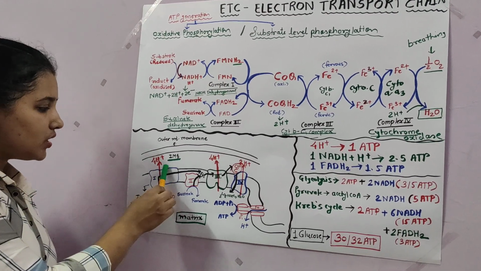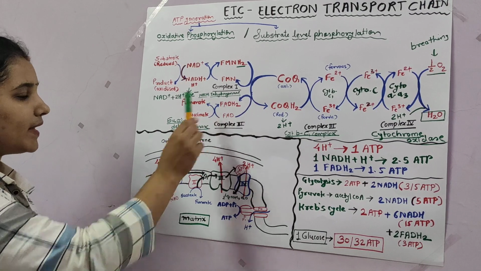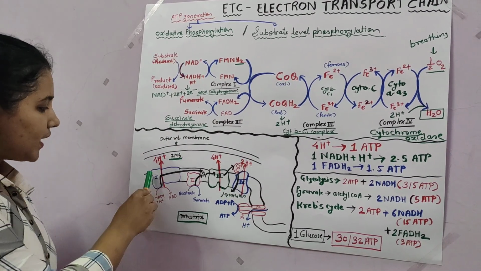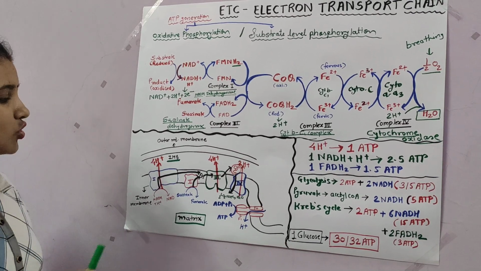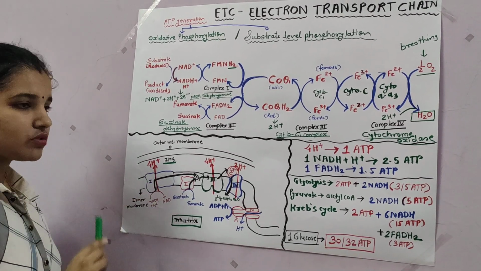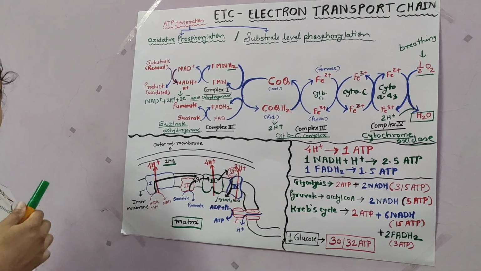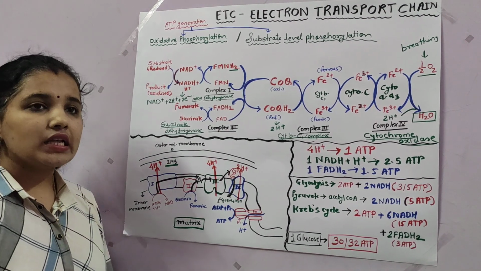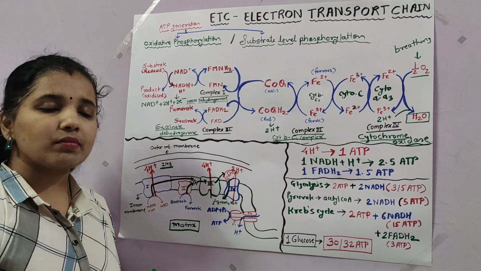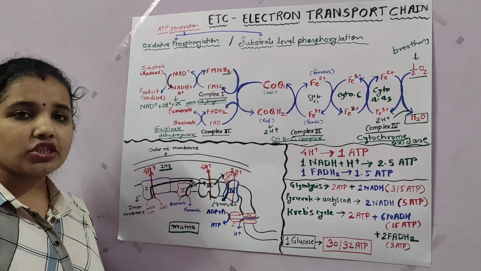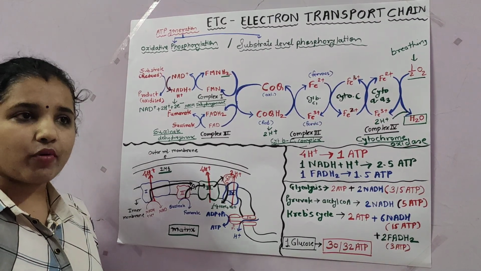Complex 1 is an L-shaped protein. Complex 1 is NADH dehydrogenase. When complex 1 accepts the electrons from NADH, it becomes supercharged and it acts as a proton pump.